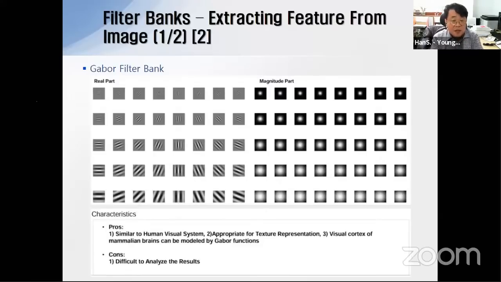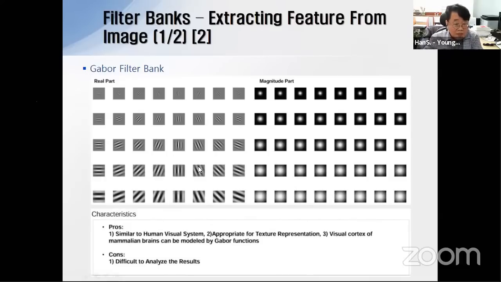As you can see, Gabor filter banks look like directional images. The Gabor filter bank consists of a real part and an imaginary part. Usually, we use the real part to detect edge components or texture information from the images.